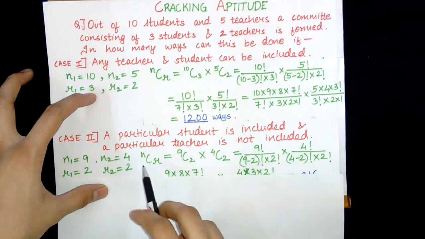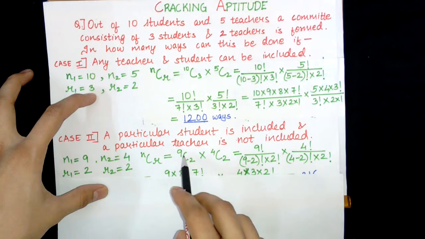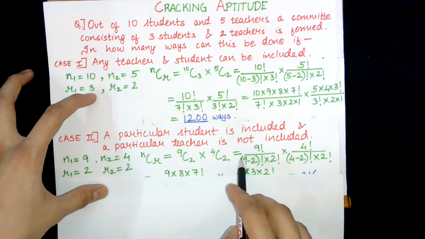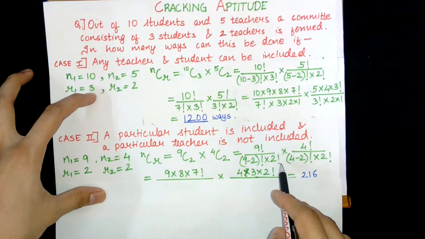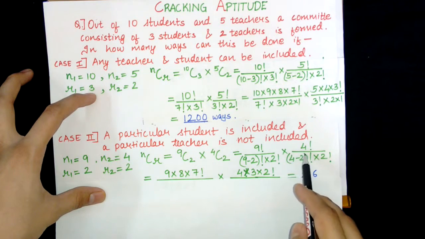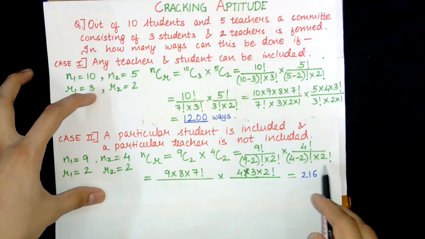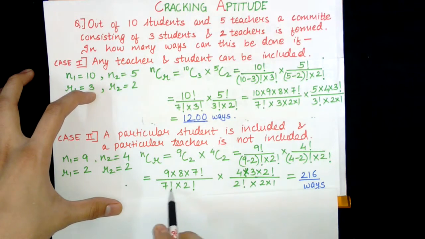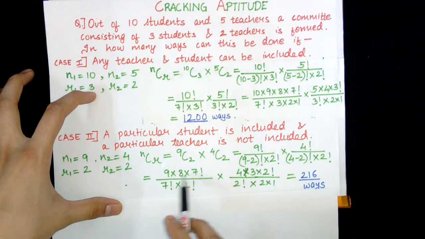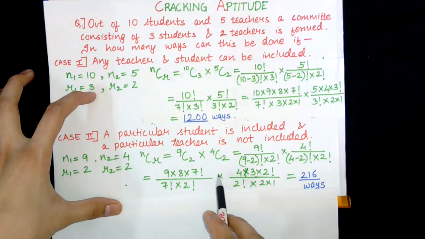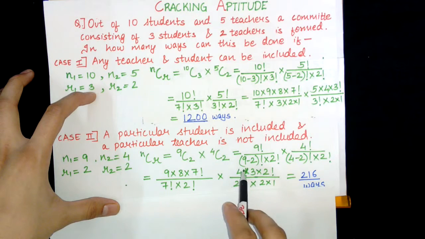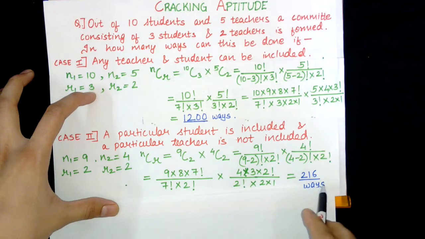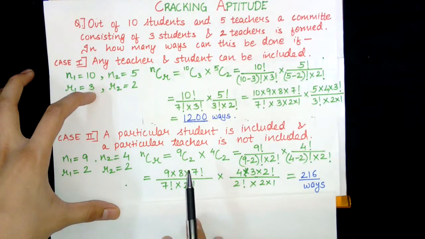So nCr will give you 9C2 into 4C2, equal to 9 factorial divided by (9 minus 2) factorial into 2 factorial, into 4 factorial divided by (4 minus 2) factorial into 2 factorial, which would be further written as 9 into 8 into 7 factorial divided by 7 factorial into 2 factorial, into 4 into 3 into 2 factorial divided by 2 factorial into 2 into 1. When you calculate this, you will get 216 different ways.